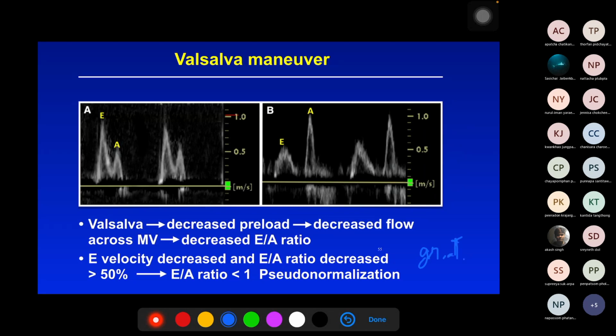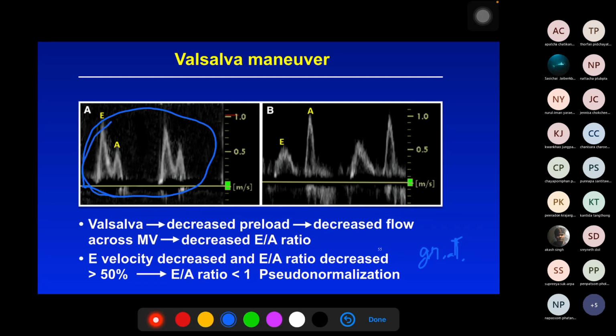Sometimes we obtain the mitral valve inflow Doppler of the patient and you get this one. You don't know whether this is grade 2 or normal, because in grade 2 the EA ratio is about 1 to 1.5, and in a normal patient you can get an EA ratio of about 1 to 2.